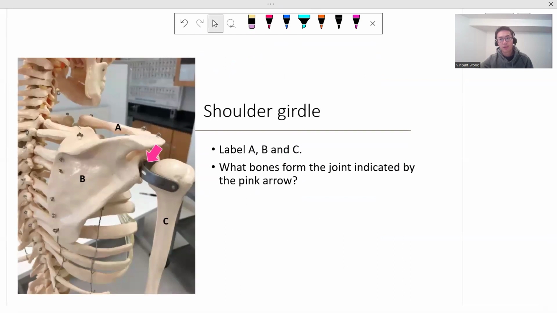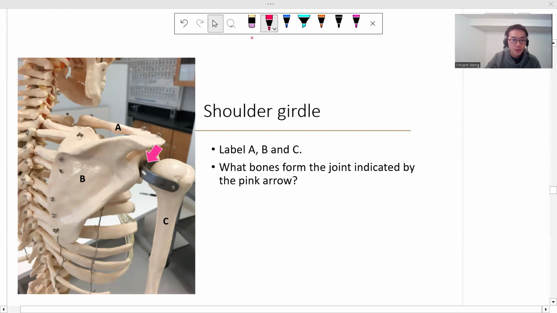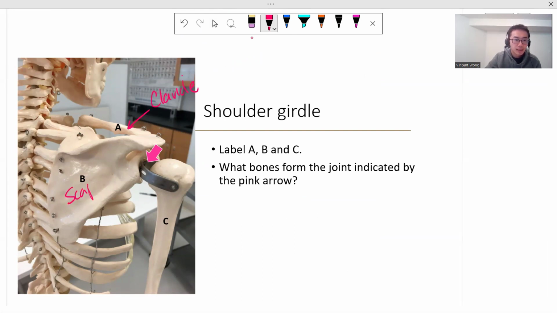All right, moving on, we have the shoulder girdle. So this is just looking at it from the back. We have the clavicle again, scapula, and the groove here, that is the glenoid cavity of scapula.